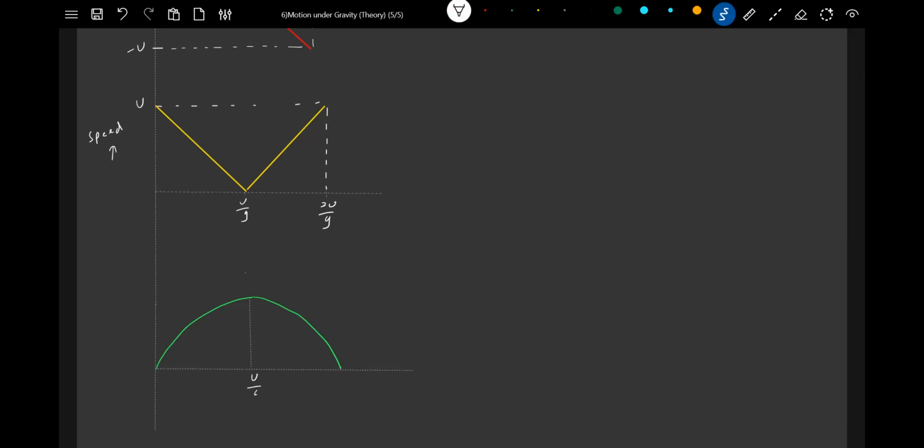So this is u by g, 2u by g. This is the maximum height ascended. This is the position or height, you can take anything. So position, this is 0. This is t, time in seconds.